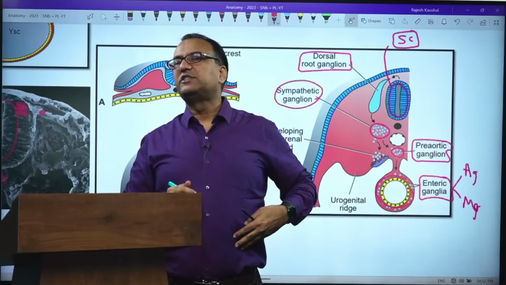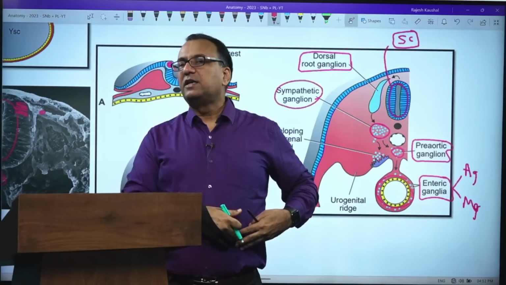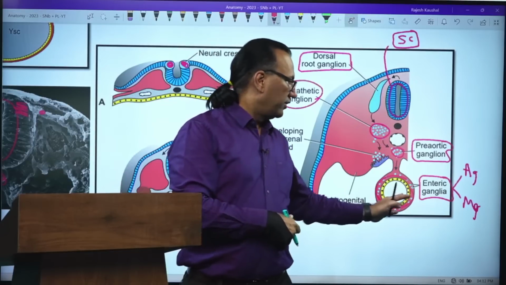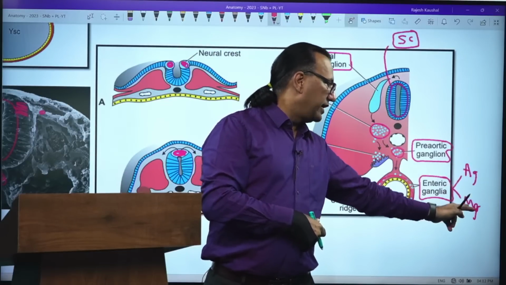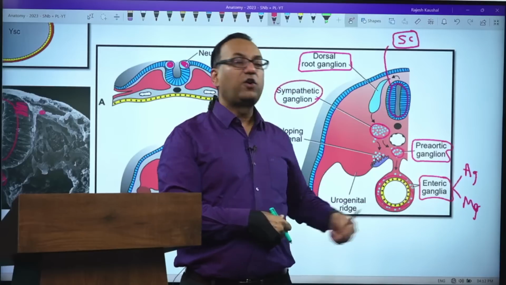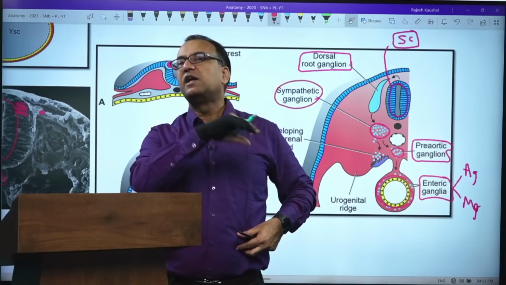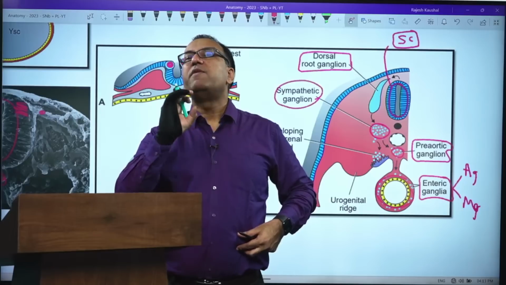If they do not reach the distal colon, there will be absence of the ganglia. Basically, these are parasympathetic ganglia. And if the Auerbach's ganglia or Meissner ganglia are missing from the colon, and it is since birth, so, congenital aganglionic megacolon.